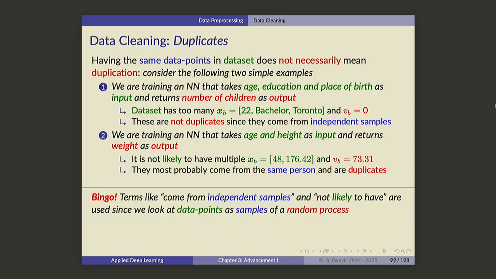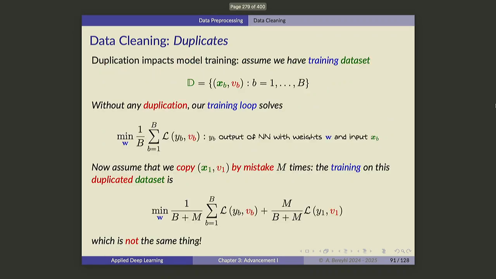Questions? Yep. And just for the previous slide, when you have duplicates, then the average came out to be, oh, it's B plus M on the bottom. Right, right. But this seems to have maybe a lower loss value than the previous one.